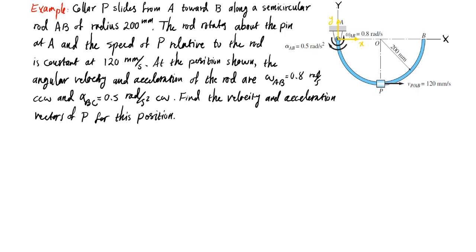Okay, we are asked to find the velocity first, so I'm going to write the equation for velocity. This is my local frame, and I'm going to study the collar P that's moving along this curved rod. So VB is equal to VA plus V relative plus omega cross R. These are all vectors.